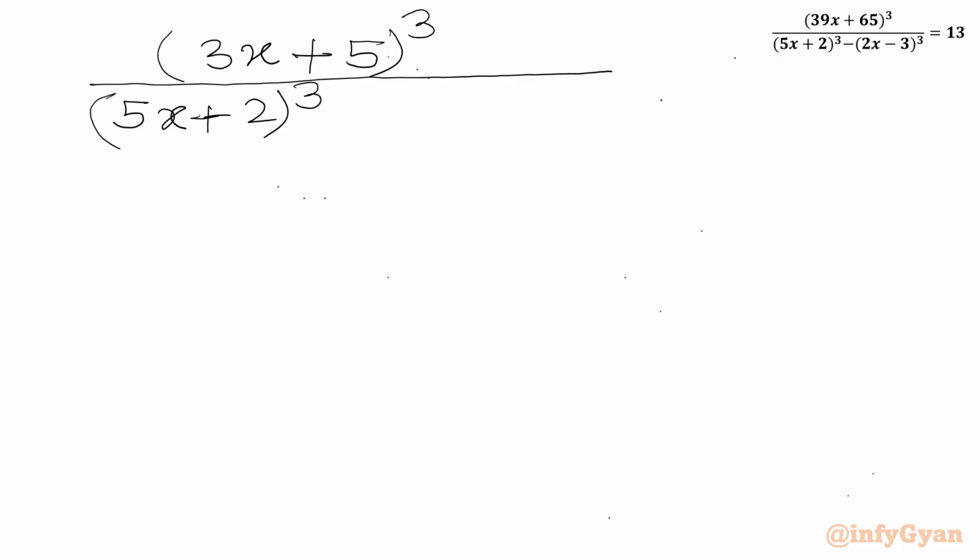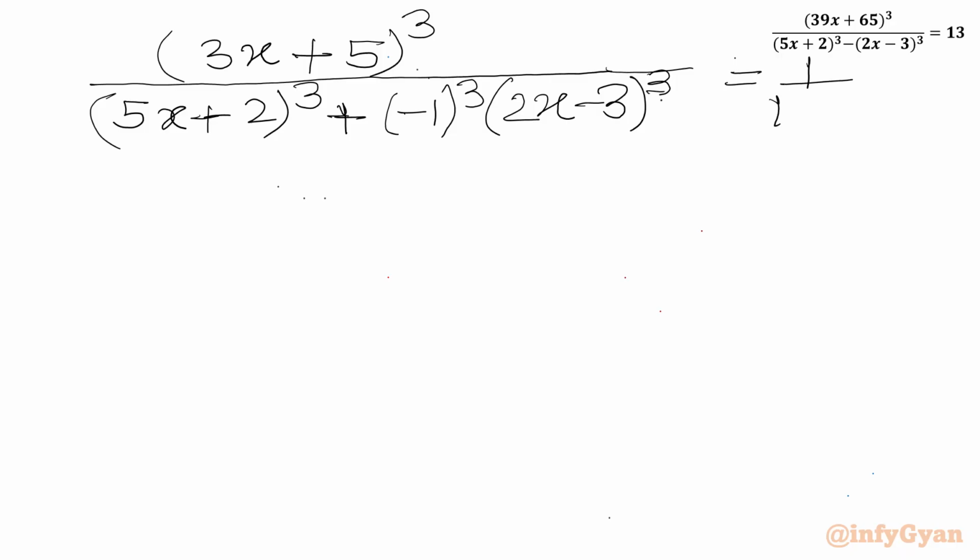Then we can write minus 1 as minus 1 cube times (2x minus 3) whole cube. And RHS will be writing 1 over 169.